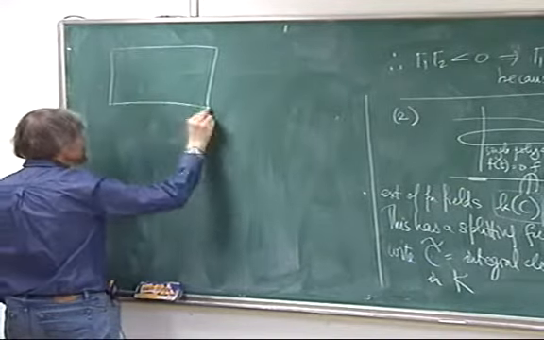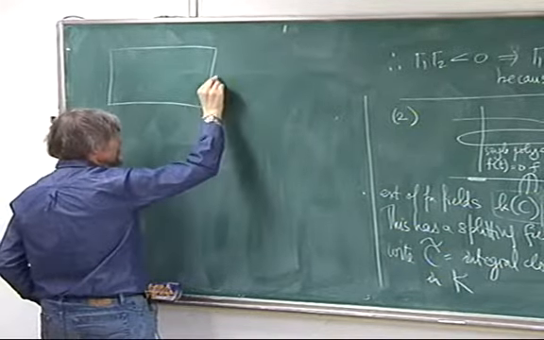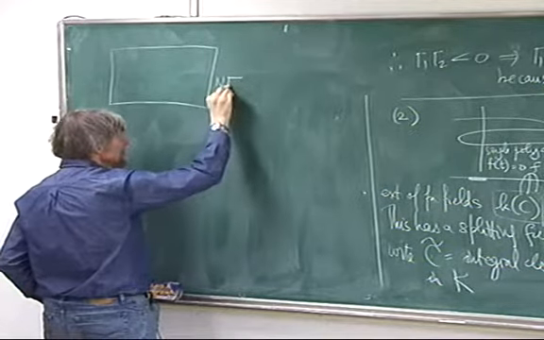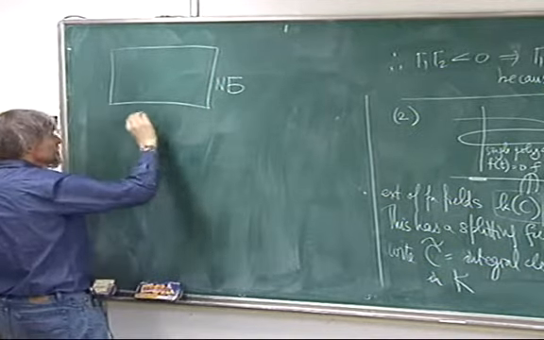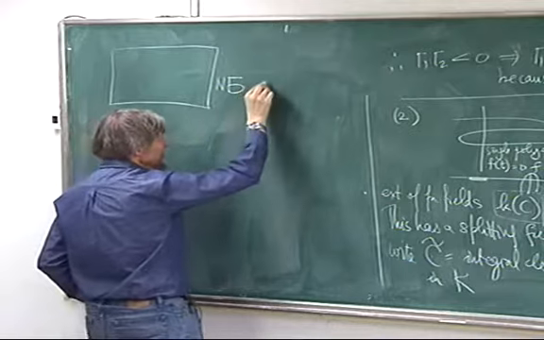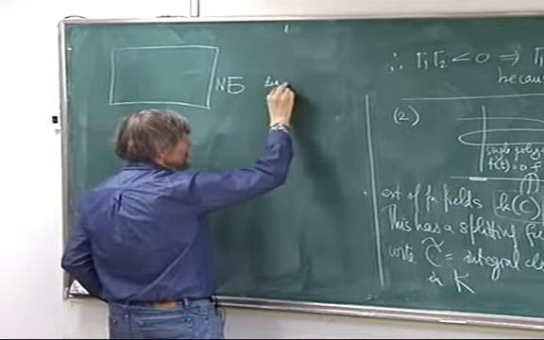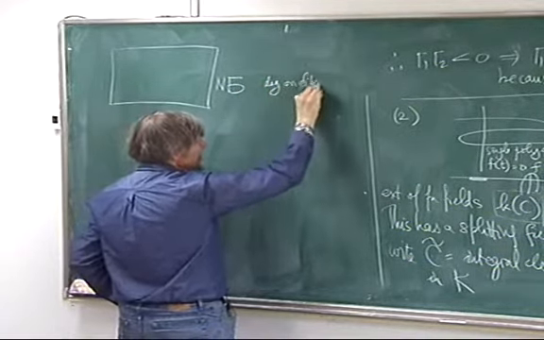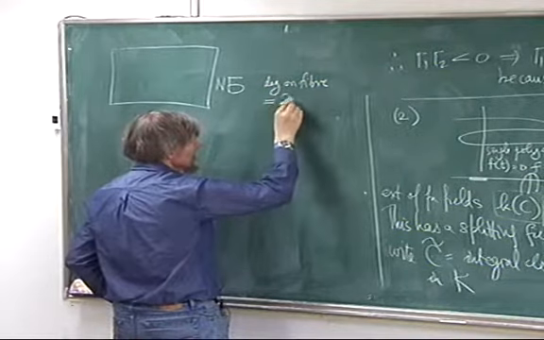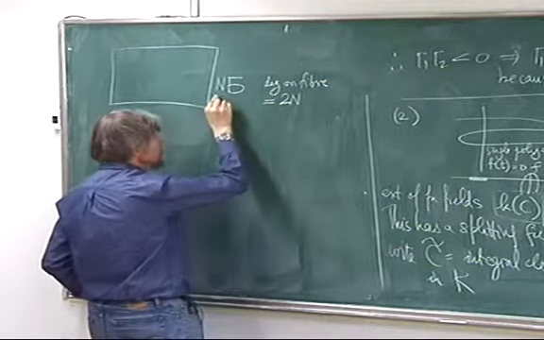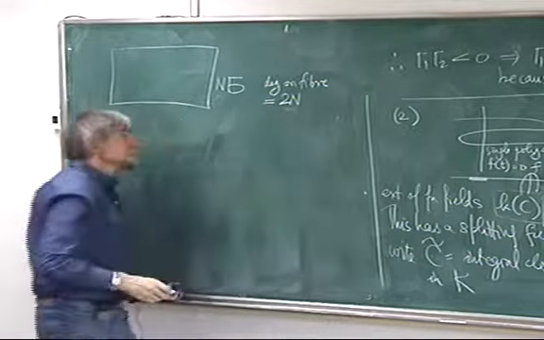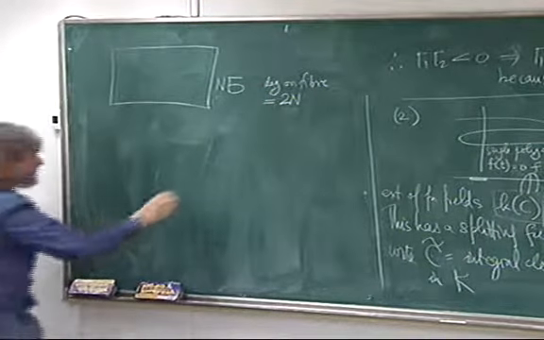So look, here's my situation. I've got this B, I've got this nB. On the one hand, its degree on the fibre is 2n. On the other hand, B squared equals 0.